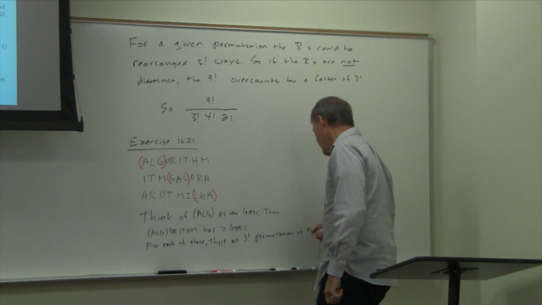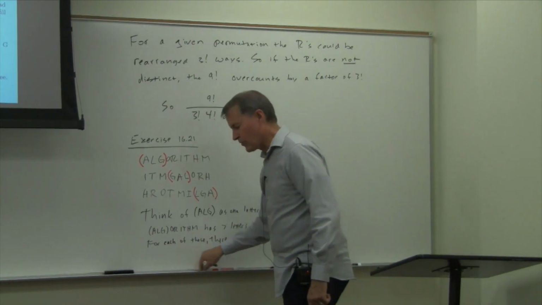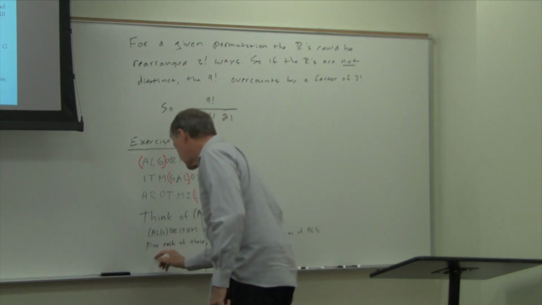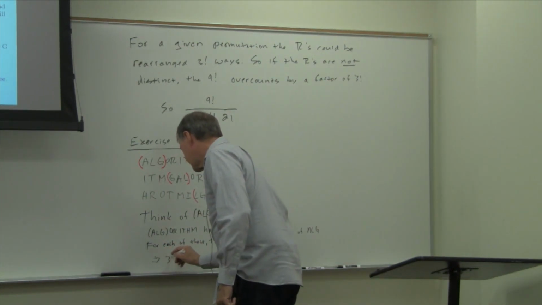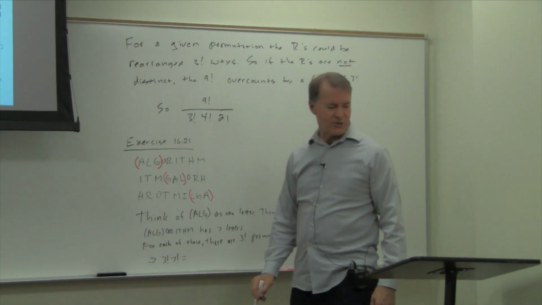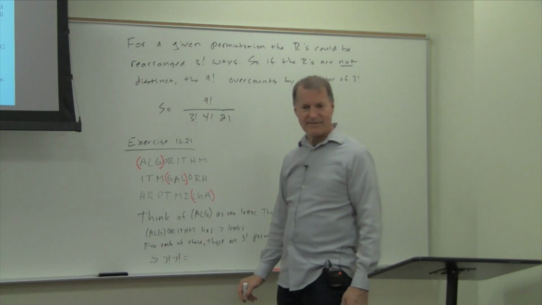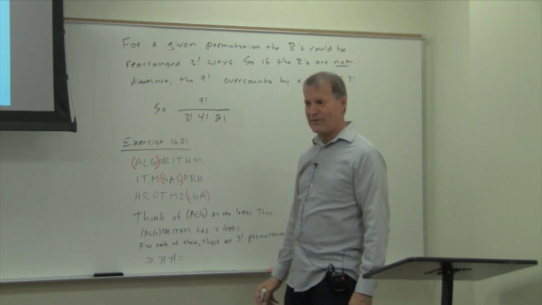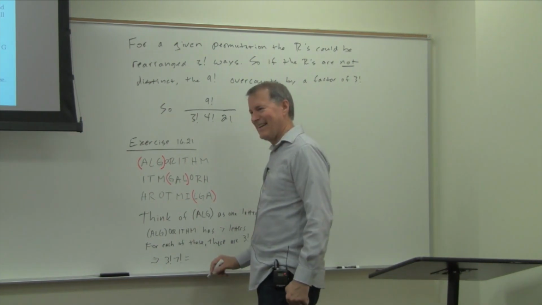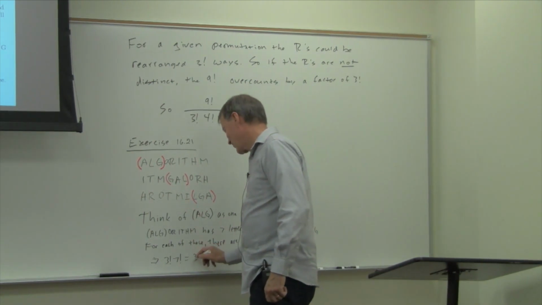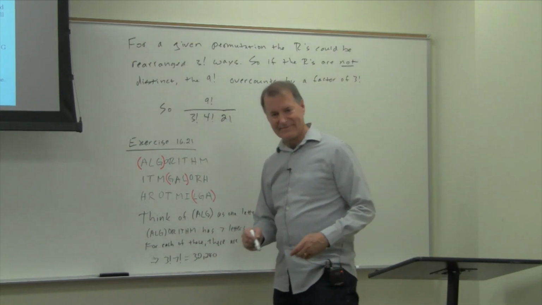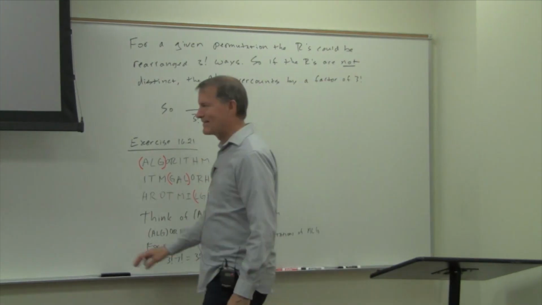So by the rule of product, 3 factorial times 7 factorial. Do you have your calculators with you? You have factorial buttons? You want to take a guess? It's less than 9 factorial. You want to do it in your head? 30,240. You were so close.